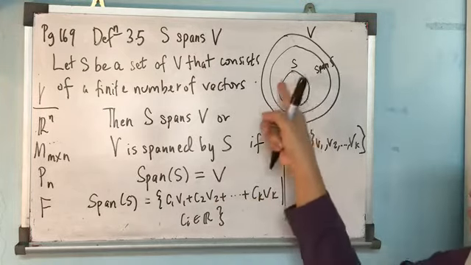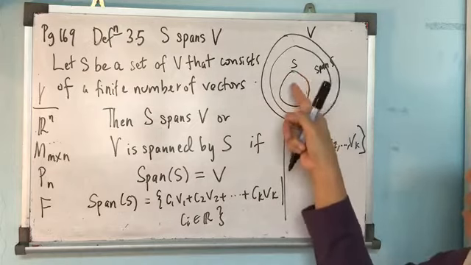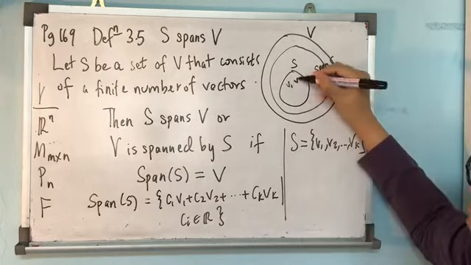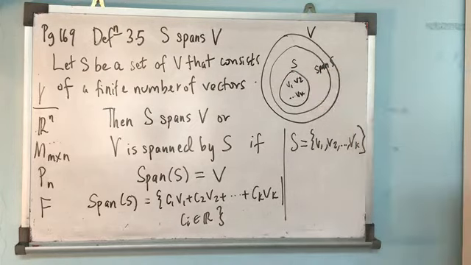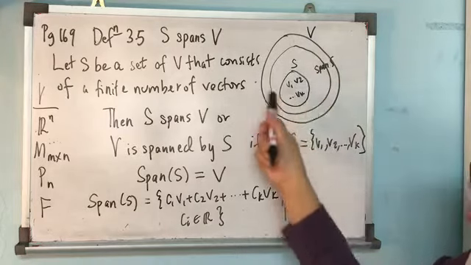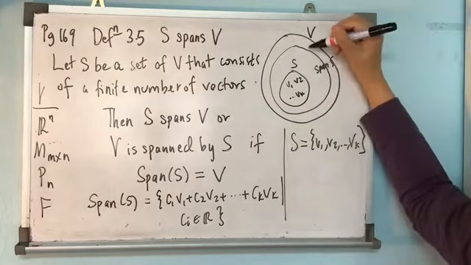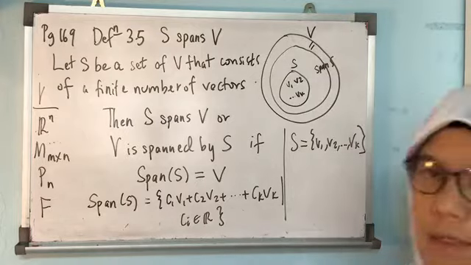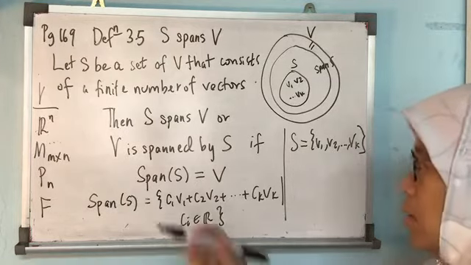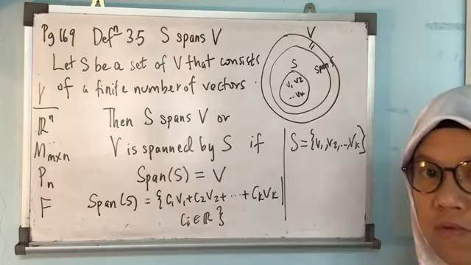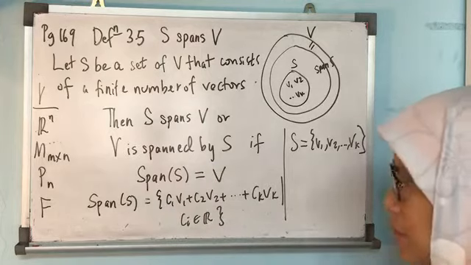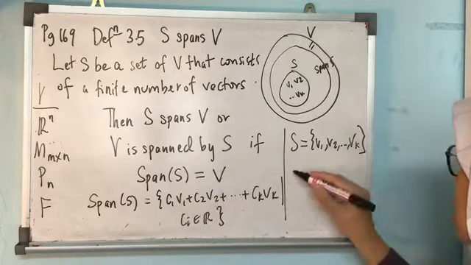So if you take any linear combination of all the vectors in S, V1, V2 up until Vk, the span is infinite. If these are equal, then we say S spans V, or span of S equal to V, if they are equal.